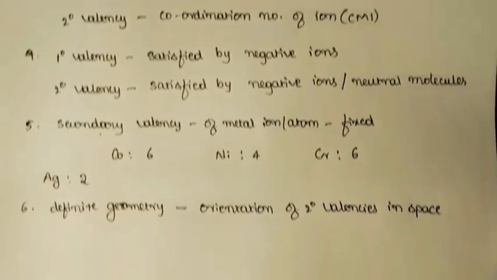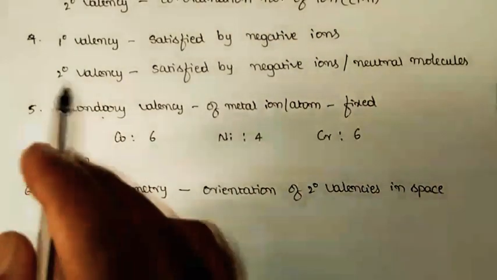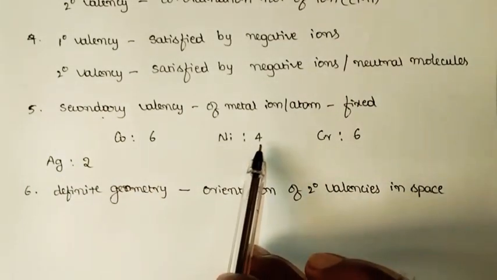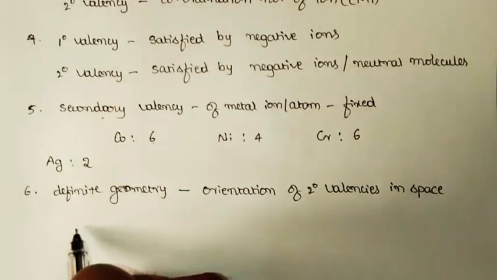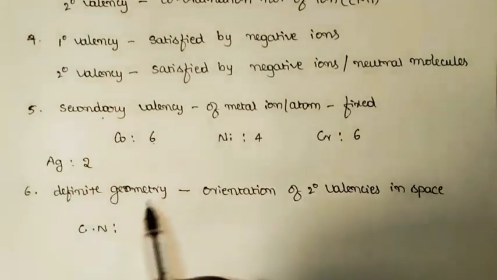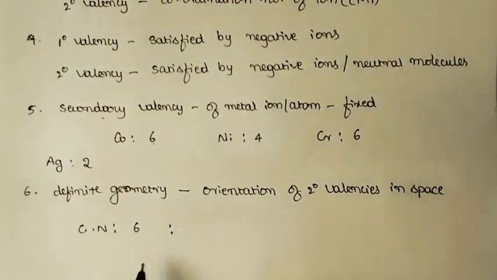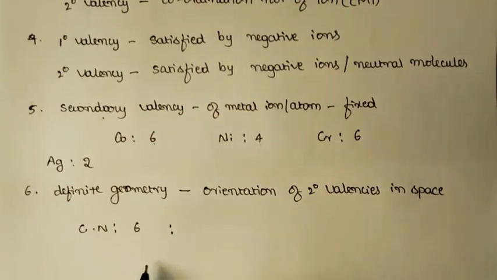Say, for example, as we said, the coordination number can be 2, can be 6, can be 4. So here Werner considered two important coordination numbers, the regular coordination numbers 4 and 6. If the coordination number, that means the secondary valency of the central metal ion, is 6, then the 6 ligands, the 6 ligating atoms present around the central metal ion, will be present at all the 6 vertices of the octahedron.